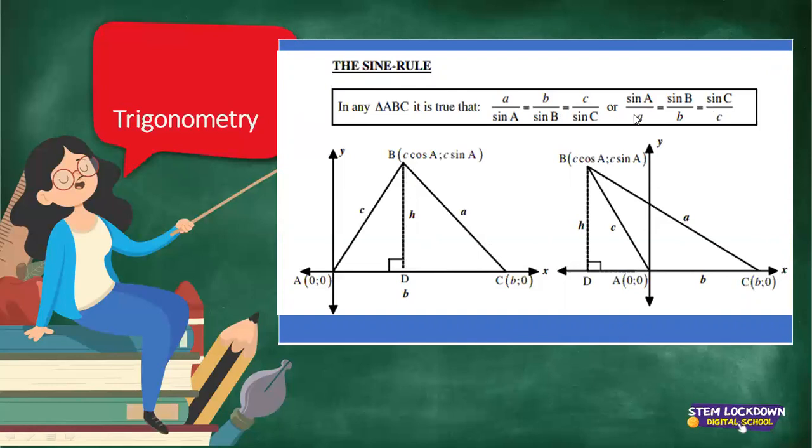Examinable means you can be asked in an exam to prove that in a given triangle ABC, a over sine A equals b over sine B equals c over sine C, or this other form of it.